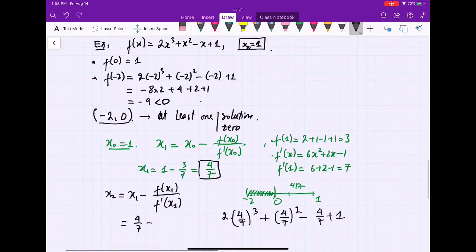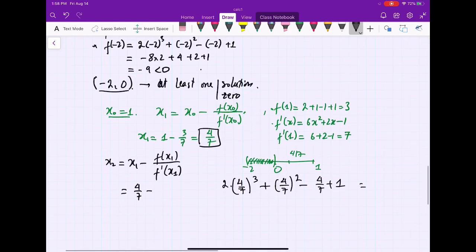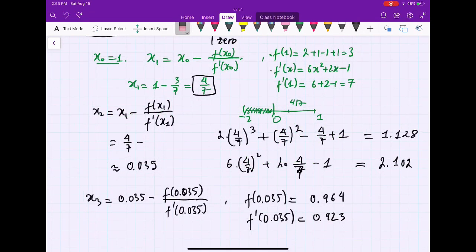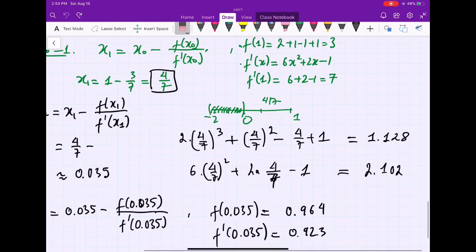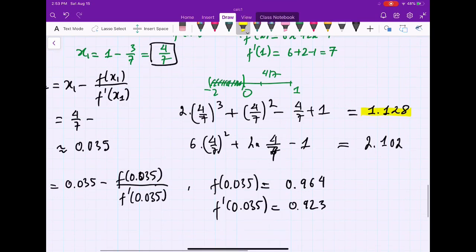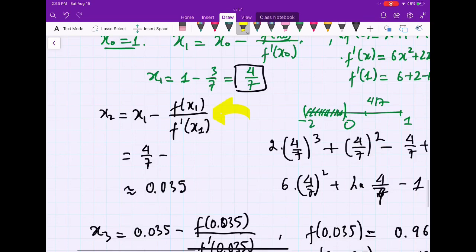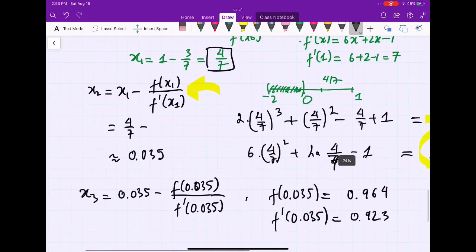That is my function value, and the derivative is 6 times 4 over 7 squared plus 2 times 4 over 7 minus 1. Okay, let's find this out. The function value at 4 over 7 is 1.128, and the derivative at 4 over 7 is 2.102, and you plug these numbers into this formula, then you get what you need, right?